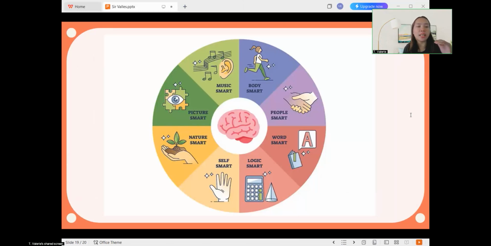So when you are an interpersonal intelligent person, meaning you accept the opinions of others. We teachers are considered interpersonal intelligent because we accept the opinions of other people for us to improve.